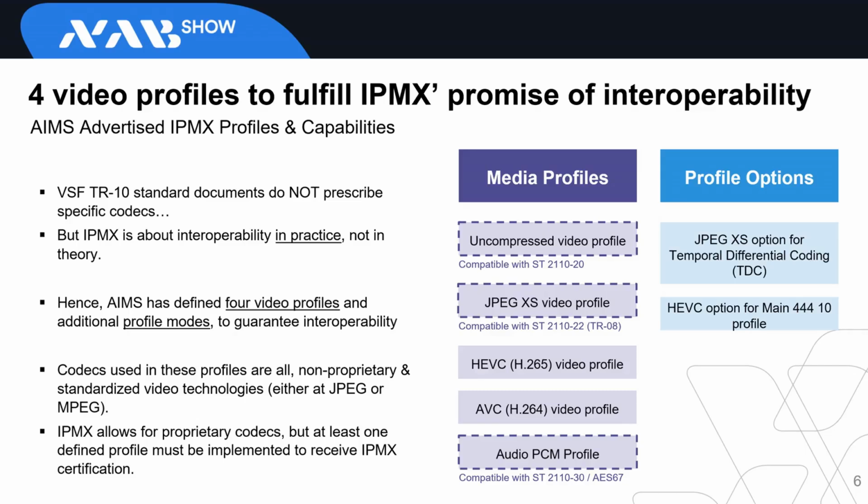So to answer all of those needs, IPMX has defined 4 video profiles that serve as the basis of interoperability. The technical recommendation documents, the VSF TR-10 documents, don't specify a specific codec, in the same way that SMPTE 2110 with its -22 specification doesn't mandate a specific codec. But the standard is about interoperability in practice, not in theory.